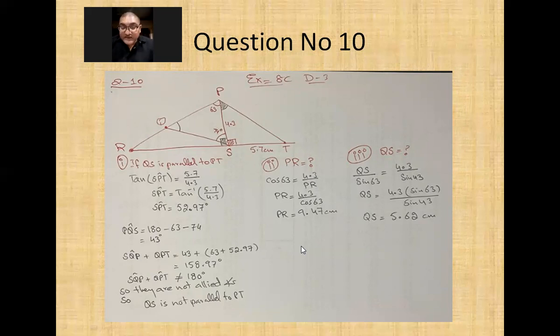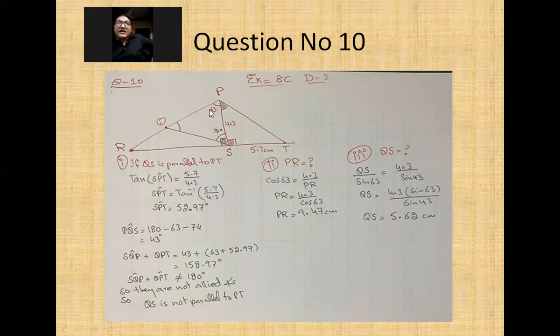Their first question is, determine if QS is parallel to PT. It's a very tricky question, and we have to show whether QS and PT are parallel to each other or not. So how will you prove this? The method is very simple.